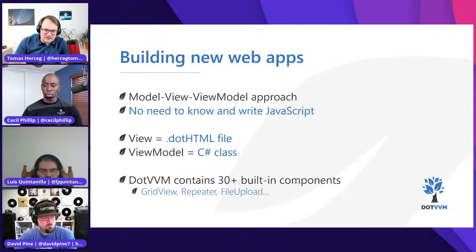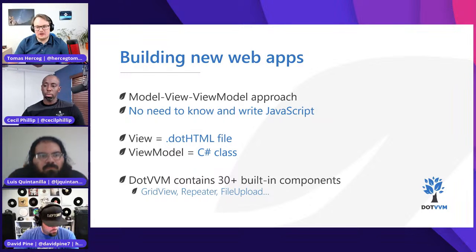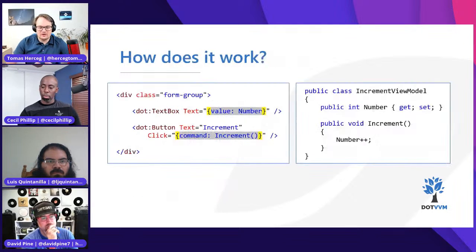And the .vvm package itself contains built-in components, for example grid view, file upload, repeater. So similar to other Microsoft frameworks, there is a bunch of standard components which ship with the framework, so you can just start using them. And these controls are pure HTML things, so you can easily style them with CSS to match all the design guidelines you are used to.